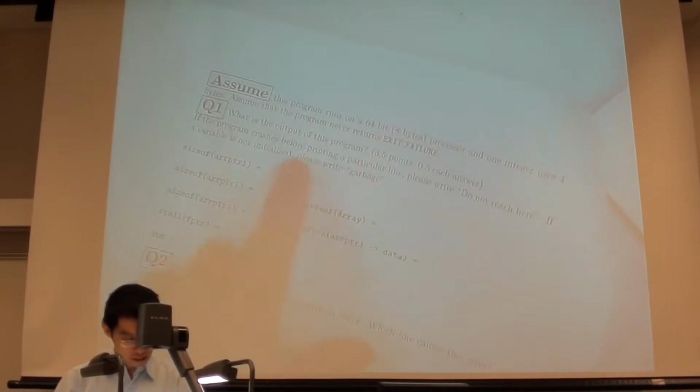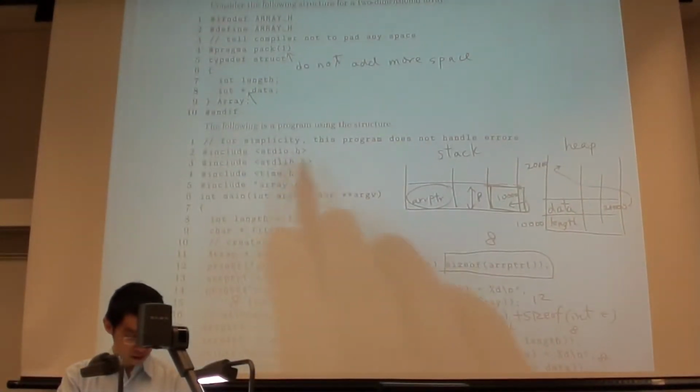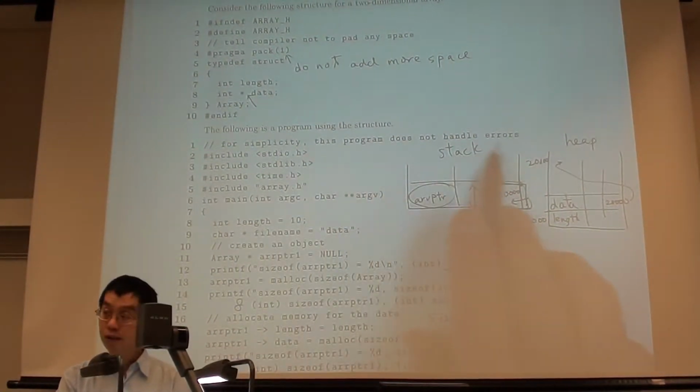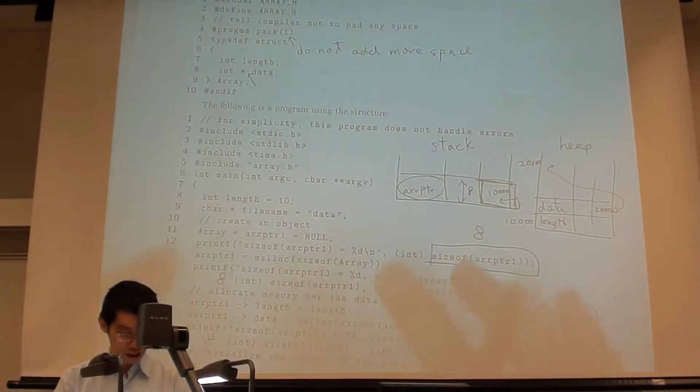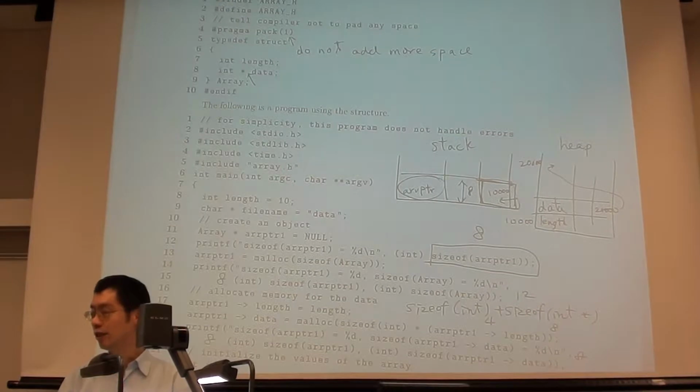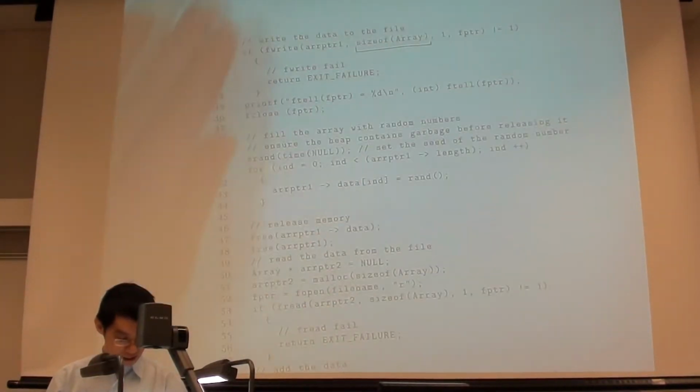And the question says this program never returns exit failure. So don't worry about error handling. I also say for simplicity, this program does not handle errors. Otherwise, this program will be pretty long. Every time you do malloc, you check. So this program would need another page. We just make it simpler.